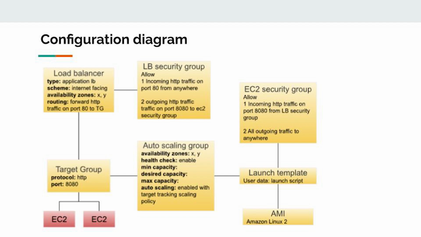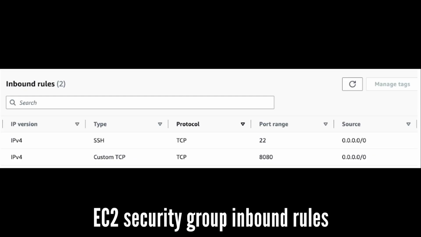Let's start with the EC2 security group. The EC2 security group should allow HTTP traffic on port 8080 from the load balancer security group. Why port 8080? That's because our Node.js app is listening on port 8080. Why only allow traffic from the load balancer security group?